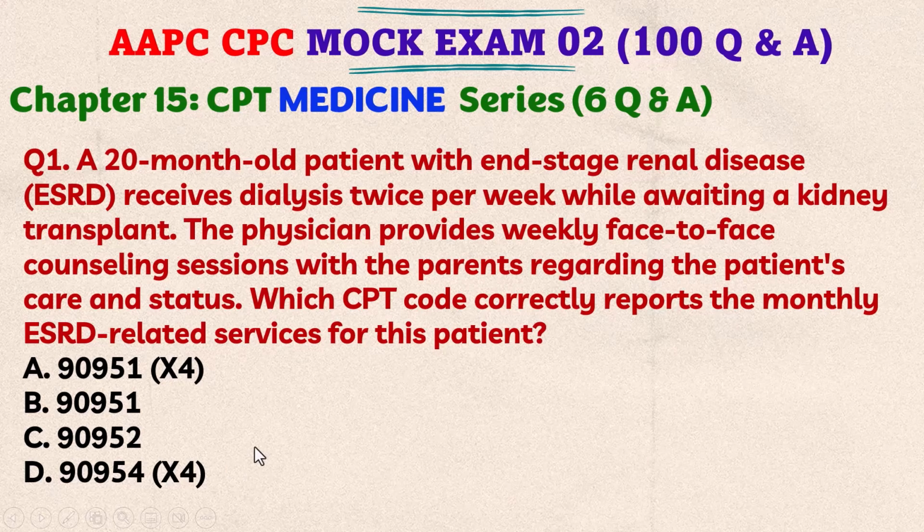Take your CPT code book and find the answer. So here you have to highlight this 20-month-old, that is less than 2 years old patient, dialysis twice per week and awaiting kidney transplant, and weekly face-to-face counseling. When you look at the answers, all answers are adjacent codes, so you can use the elimination method for the exam purpose.